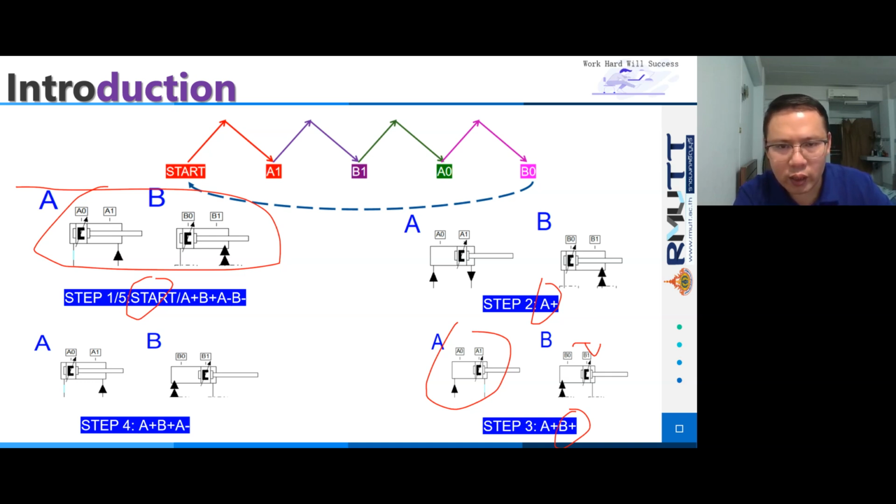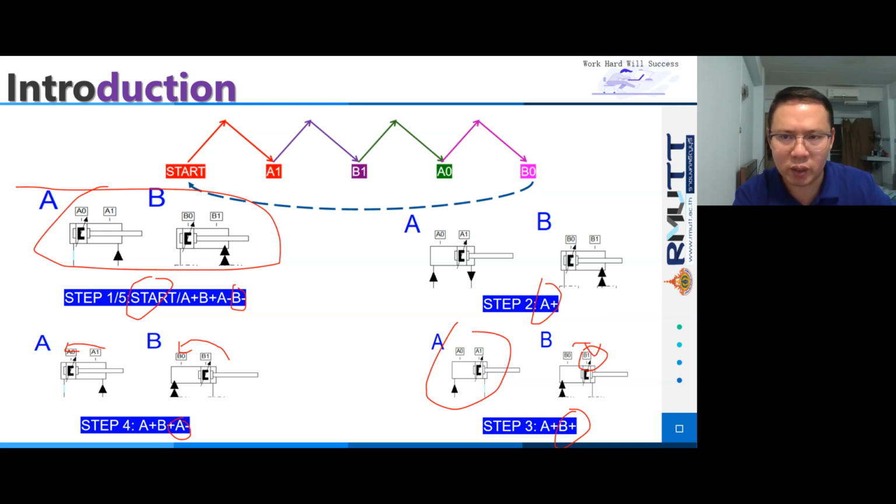When the air stream arrived in the B1 position, cylinder A's air stream returns to A0 from the A1 position. It's A minus. And when the air stream of cylinder A arrived in A0, the cylinder B's air stream returns to B0 from the B1 position.